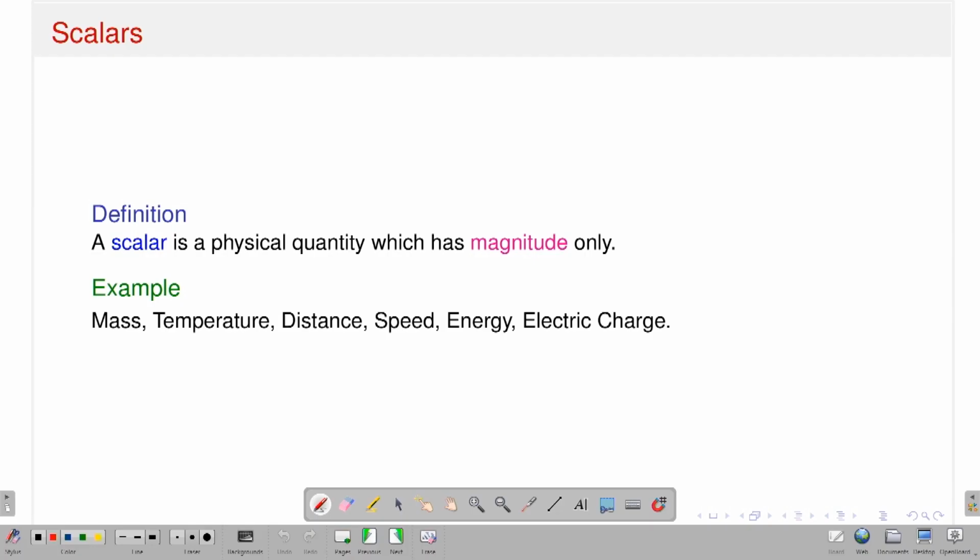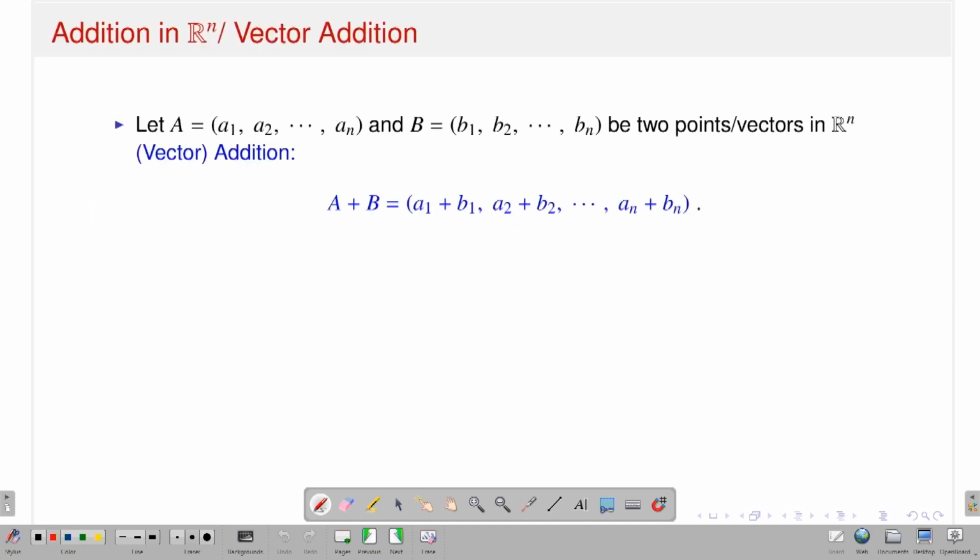So, the temperature of Guwahati city is 30 degrees Celsius. The distance between Bhopal and Guwahati is 1700 kilometers. Speed, energy, electric charge, all of them are scalar quantities.